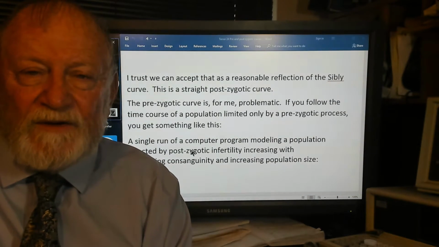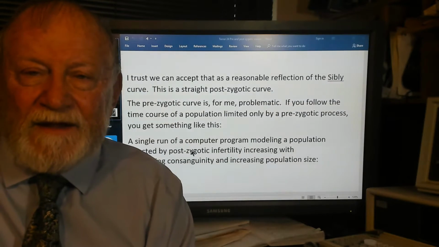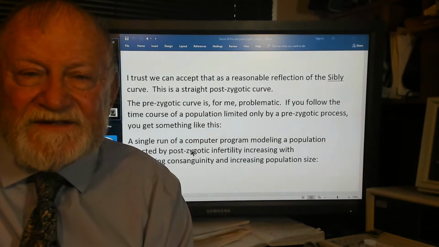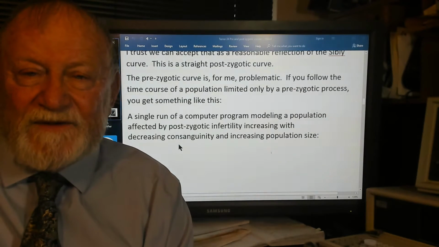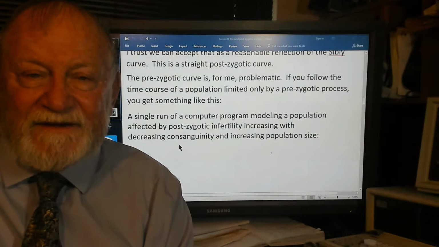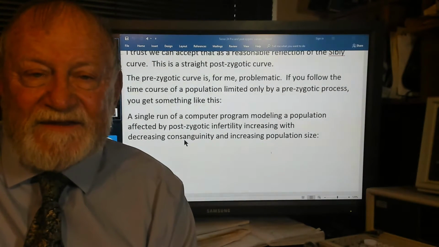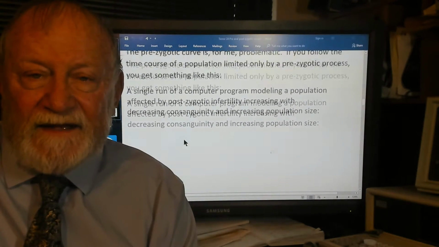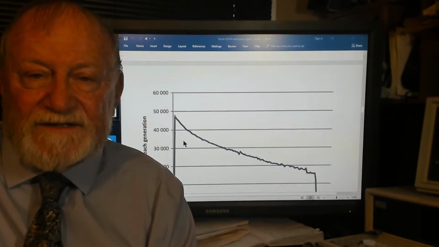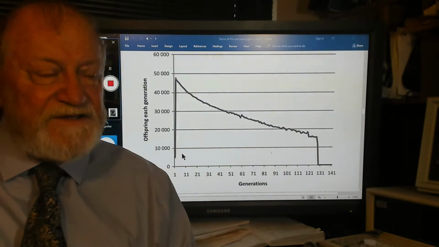But if you look at the time course of a population limited only by a pre-zygotic process, you get something like this. There's a single run of a computer program modeling a population affected by pre-zygotic infertility, increasing with decreasing consanguinity and increasing population size. All right, so this is generations.